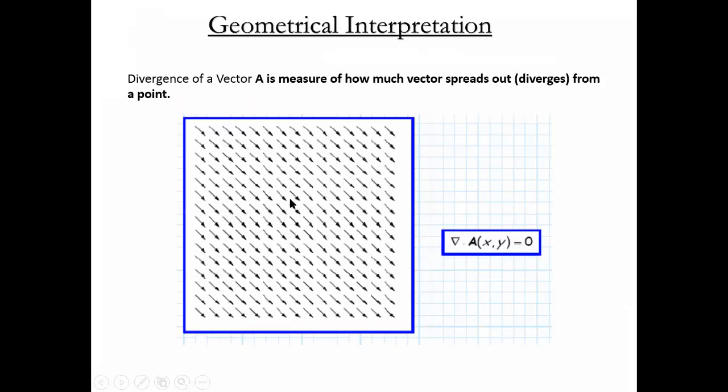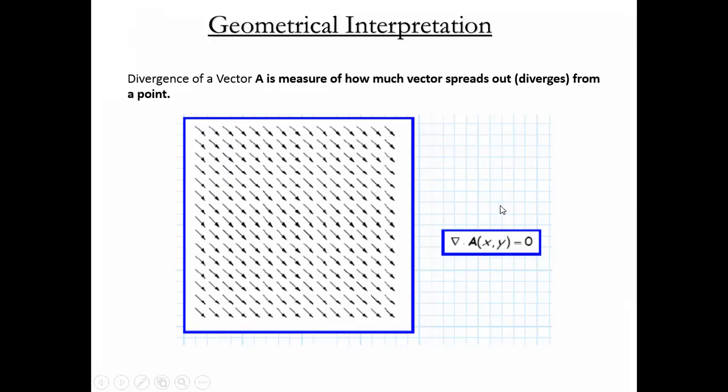As I told you, divergence is outward flux coming out of a surface. So you see, this is a surface. Is there any flux coming out of this surface? No. So divergence is zero. This is an example of zero divergence, meaning nothing is coming out. Is that clear?